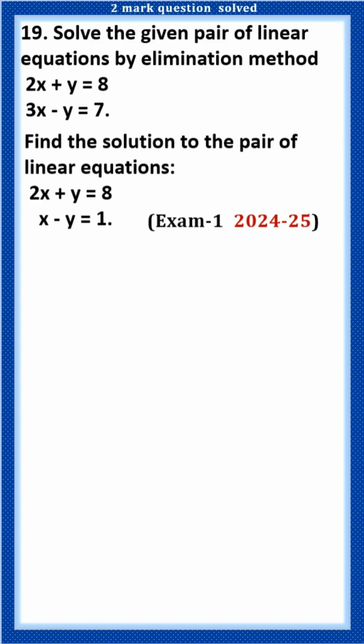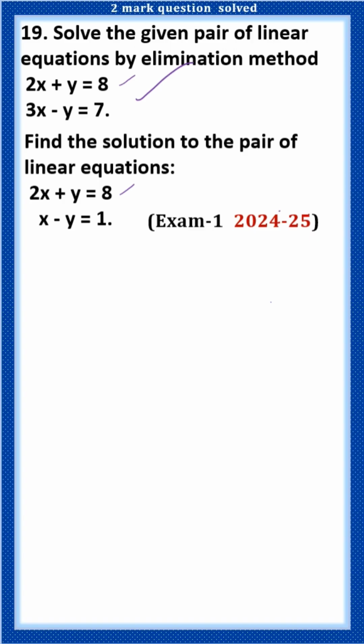Here is a question from exam 1 of 24-25, the previous year question paper: find the solution to the pair of linear equations. The first equation is the same, the second equation is different, but the answers are the same. Okay, now let us solve this question.